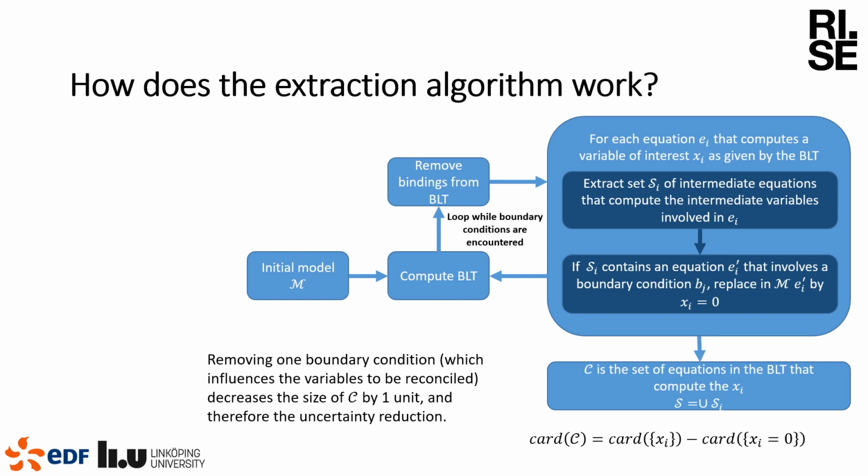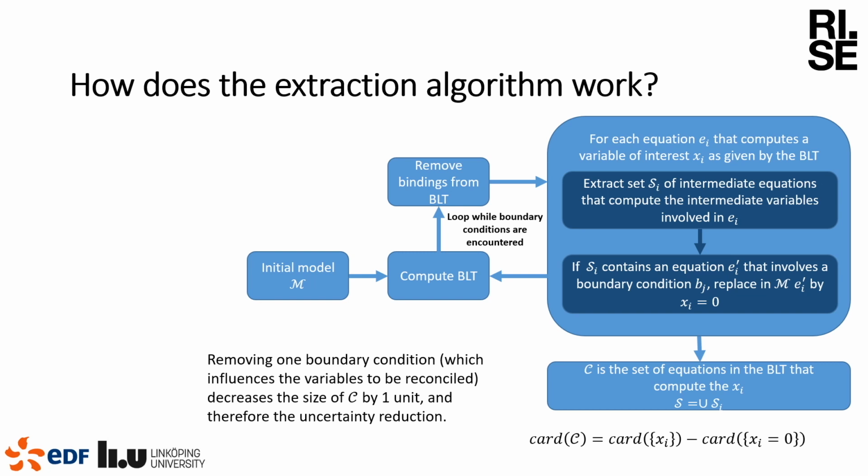Once we remove the binding equations, we extract the set of equations from the BLT which computes the variables of interest. We call that set of equations the EBLT blocks, represented as EI. Then for each equation in the EI that computes the variables of interest xi as given by the BLT, we extract a set Si of intermediate equations that compute the intermediate variables involved in EI.